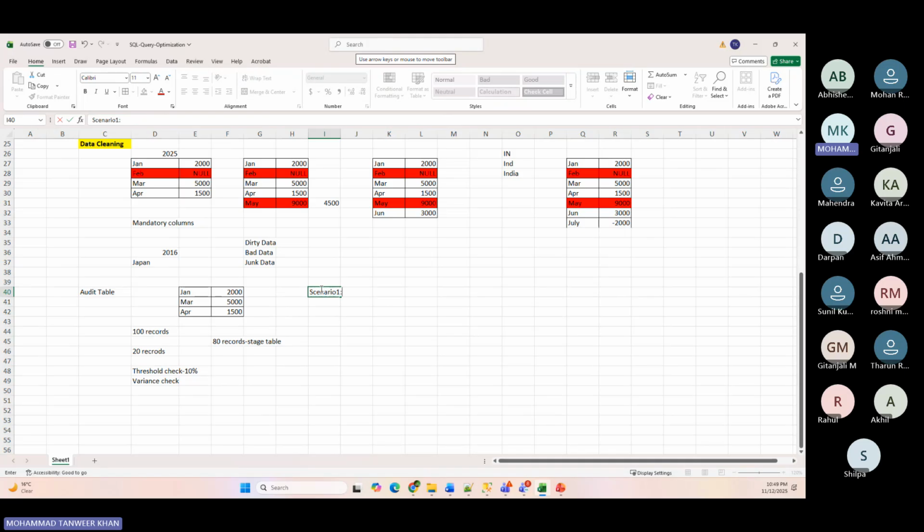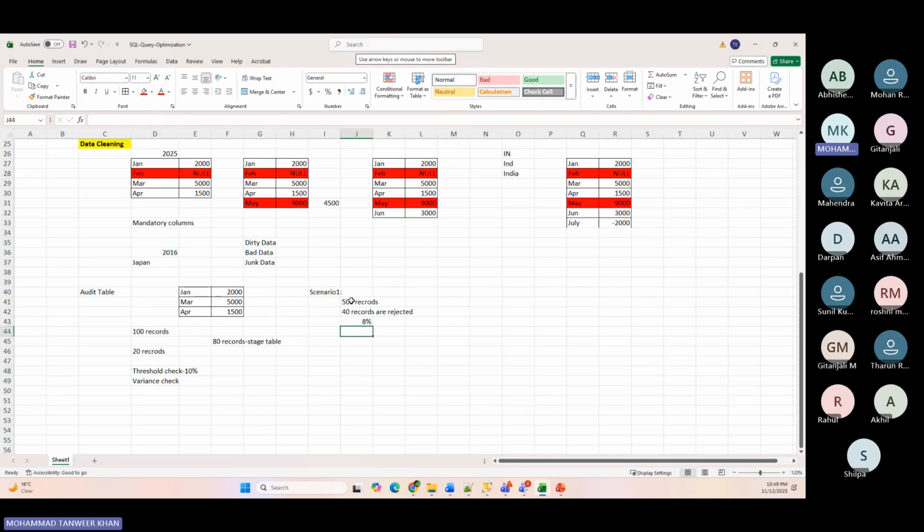So let's take this scenario. Scenario 1: the source team has sent 500 records. Out of 500 records, only 40 records are rejected. In percentage, how many records are rejected? 8 percent. Now this 8 percent is less than 10 percent.